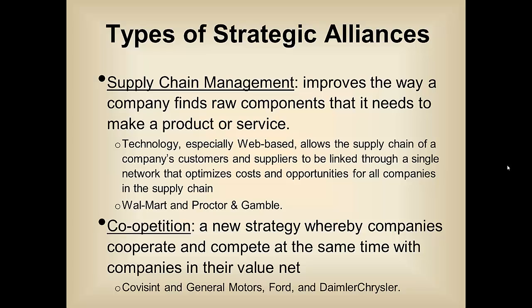Co-opetition is where companies cooperate and compete at the same time. I talked about Apple and Samsung, but we have lots of other companies doing it as well. They find value in certain areas, and I always find these very interesting. They have strategic alliances in one area or one product line, but they seem to have a hatred for each other in other areas.